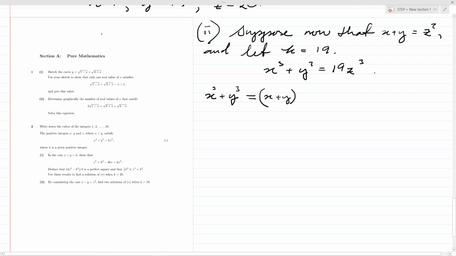And what we get is this. We need an x cubed, so we get the x cubed. And we also know we need a y cubed, so we get the y cubed if we put that there. Now we're going to have an x squared y and then a y squared x. But if we put an xy here, we're going to get an x squared y, and then we're going to get that. So we need a negative value of this xy.